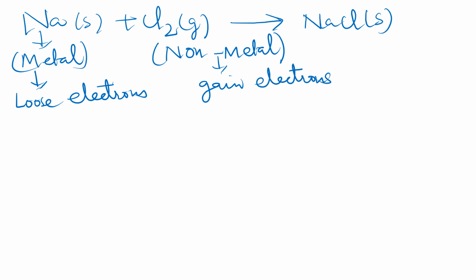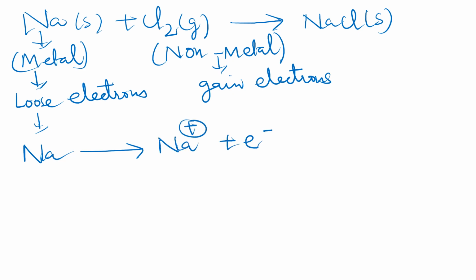So when a metal reacts with a non-metal, a redox reaction happens. Sodium loses one electron to form a positive ion, and chlorine gains one electron to form a chloride ion.